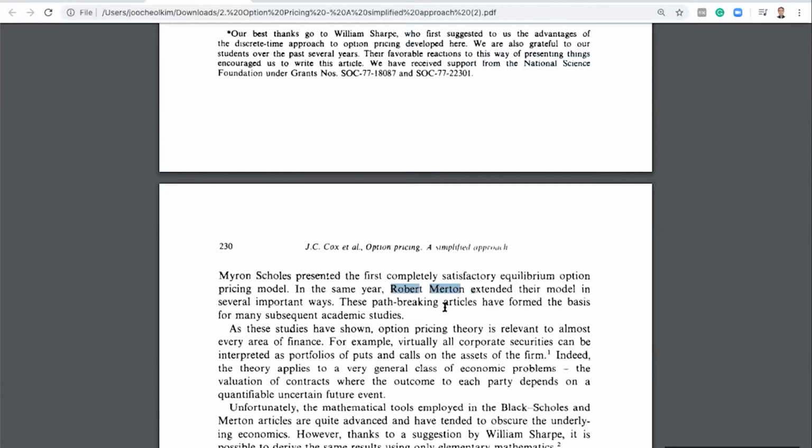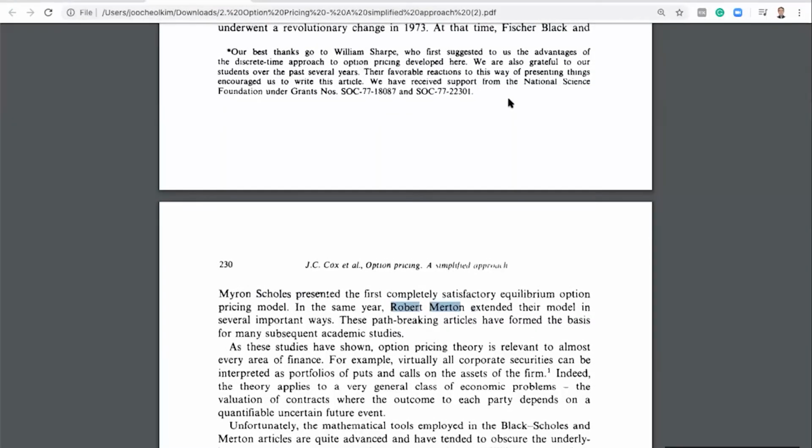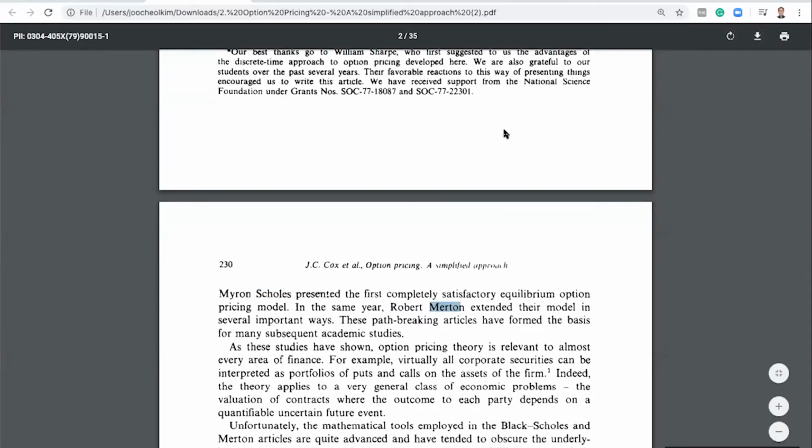For some reason, Black and Scholes wrote a paper together, and Merton wrote a separate paper. Later, of these three people, only two, Scholes and Merton, got the Nobel Prize, and Black did not get it because he died before the Nobel Prize.